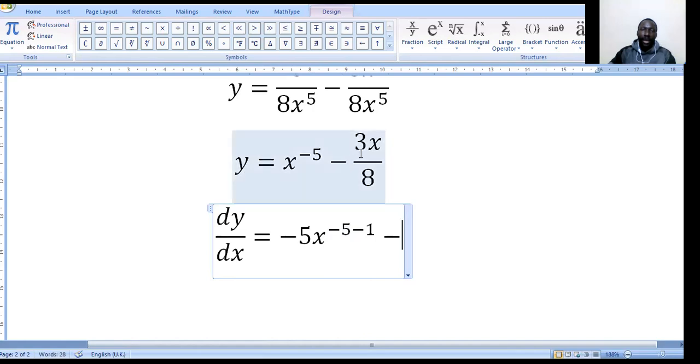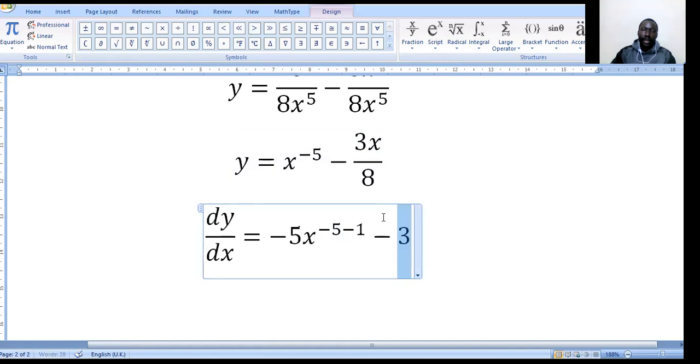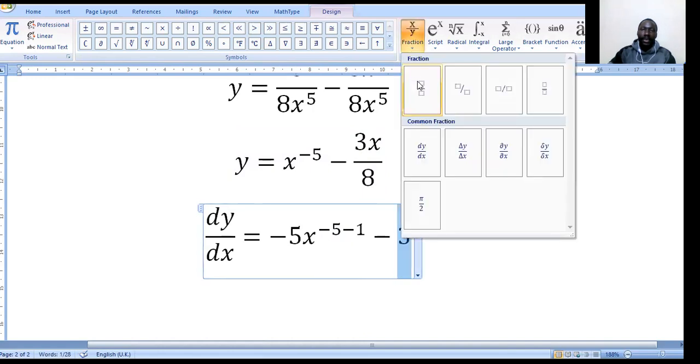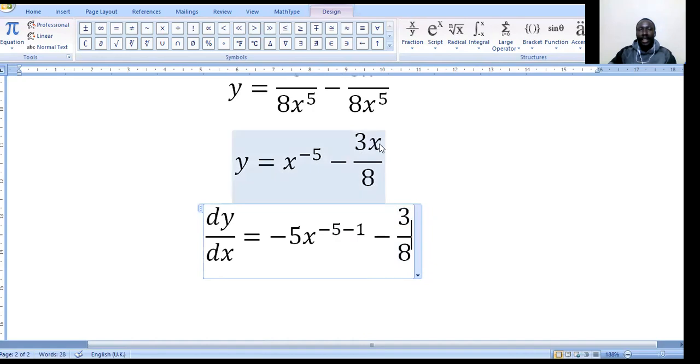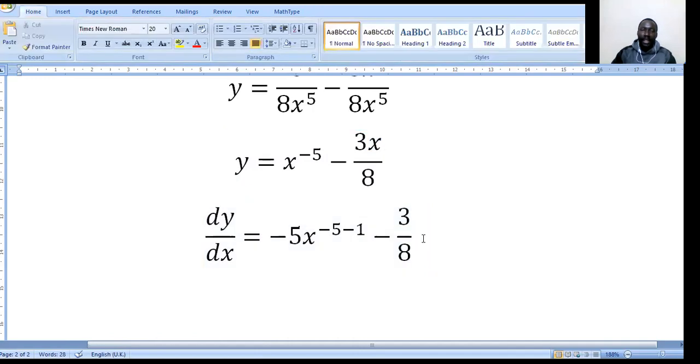Then for the second term, we have 3/8, okay? 3/8. Now 3/8, like this. Then there is x. Well, how would we differentiate this? The derivative of x is just 1. So 1 times 3/8 will remain the way it is.